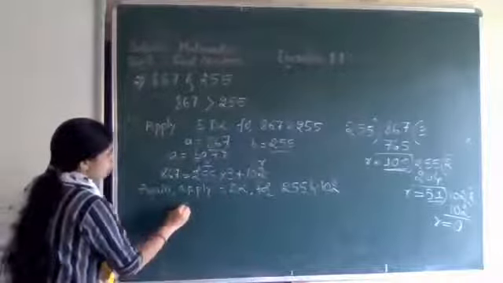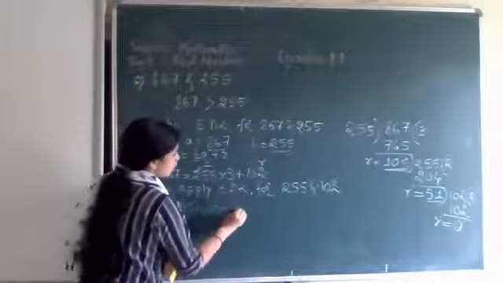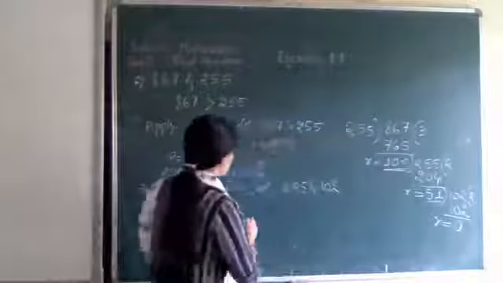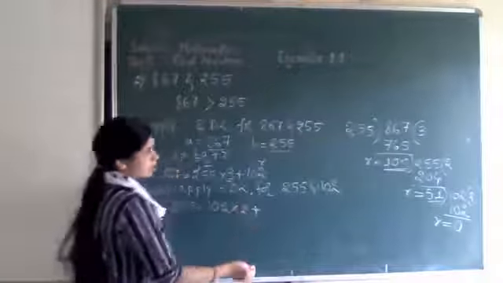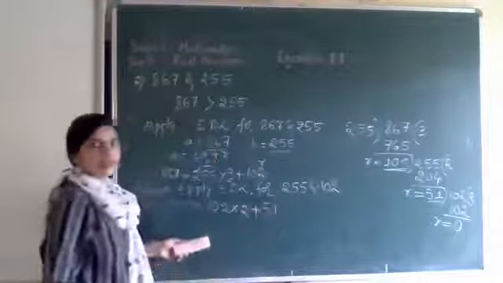That is 255 is equal to 1 or 2 into 2 plus, how much did you get as a remainder? 51.